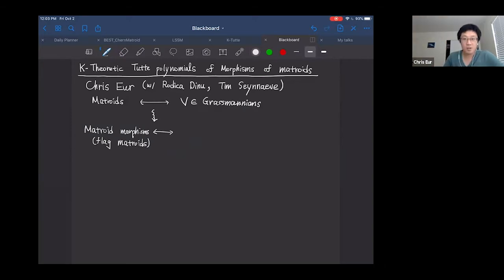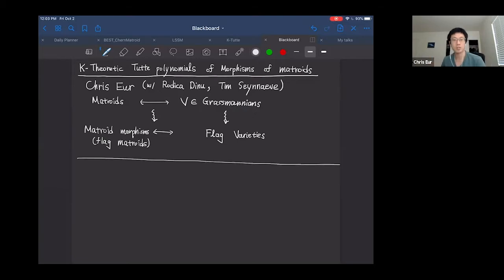So we're taking a baby step here, and it turns out even that is somewhat involved, where we replace Grassmannians by partial flag varieties. And we're going to try to study the combinatorics of these things geometrically in the same way that we have studied matroids by looking at Grassmannians. So let me go back to the matroid story again.